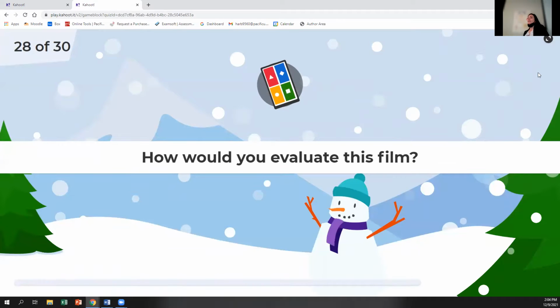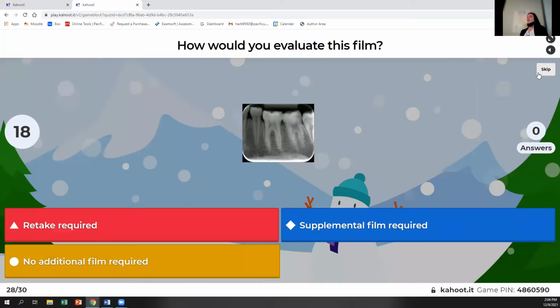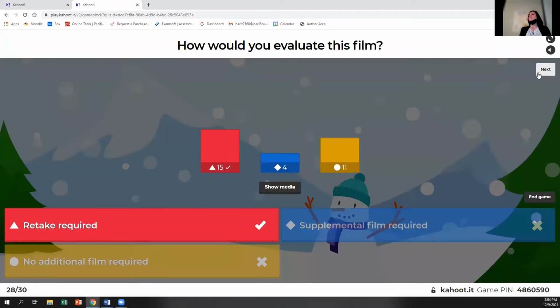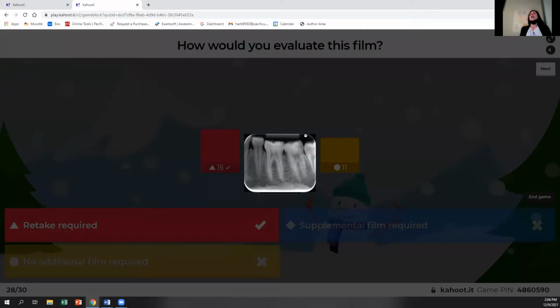How would you evaluate this film? Retake required, supplemental film required, no additional film required. Yep, retake. In this film, it's supposed to be a molar shot, and your second molar is way posterior.